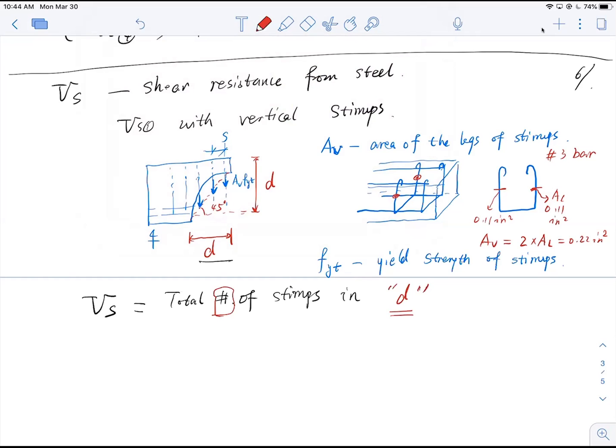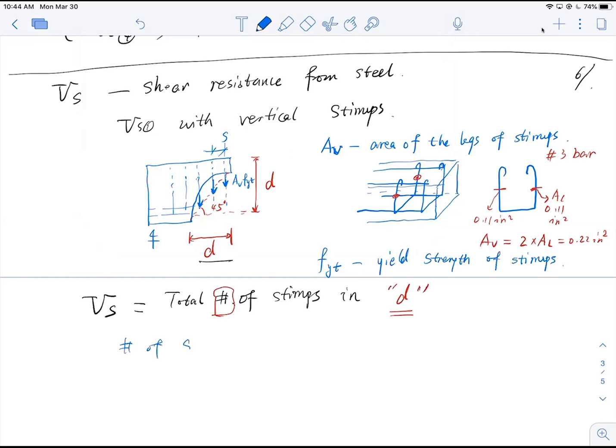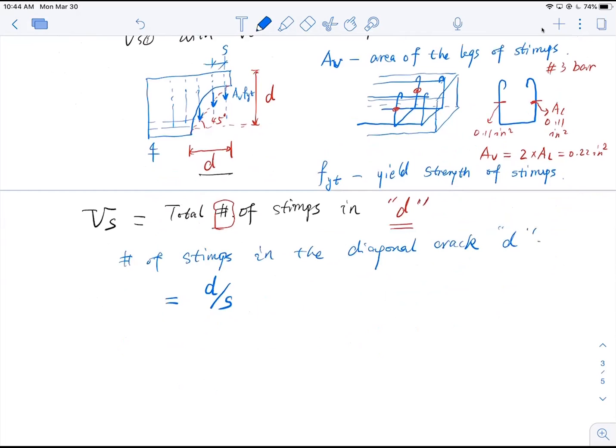Let's do a calculation. Now I actually can count the number of stirrups in the diagonal crack, with spacing D, equal to the spacing D divided by the stirrup spacing S. Given this, I can immediately get the equation.